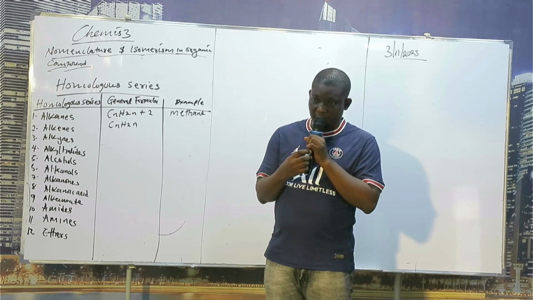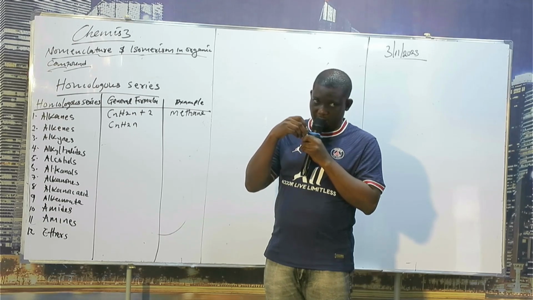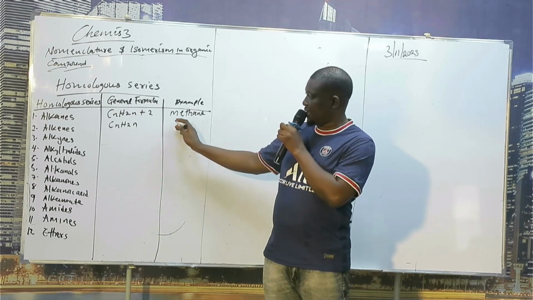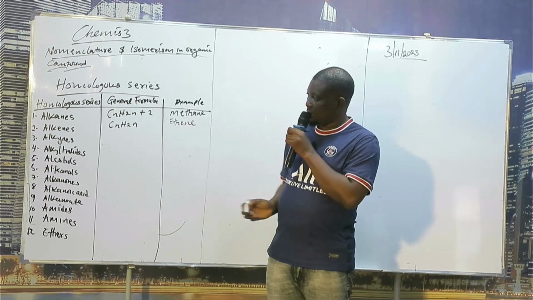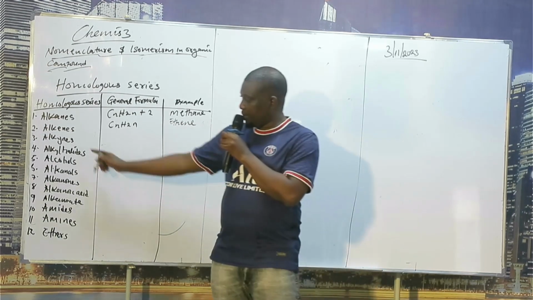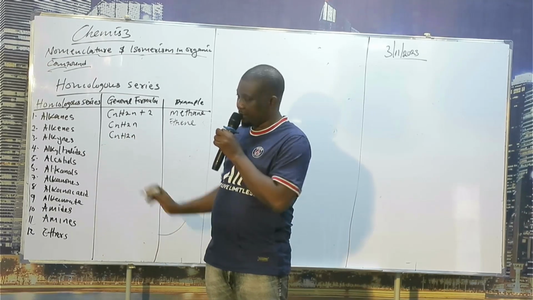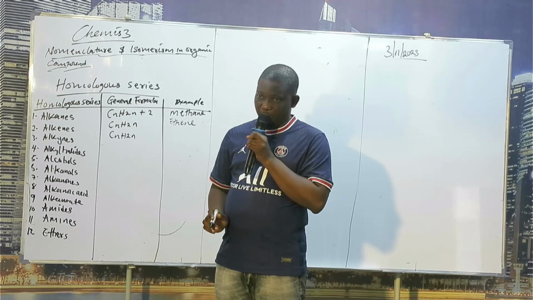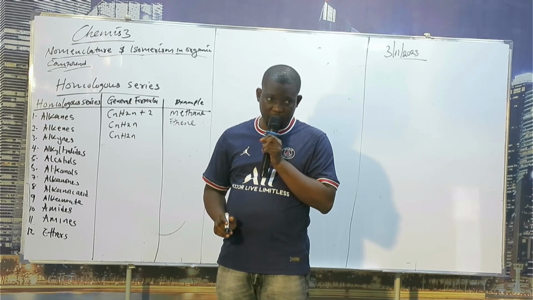Is it methane? Methane does not exist. So the first member there is ethene. For the next member we have CnH2n-2. Is it plus 2 or plus 3 or minus 2?